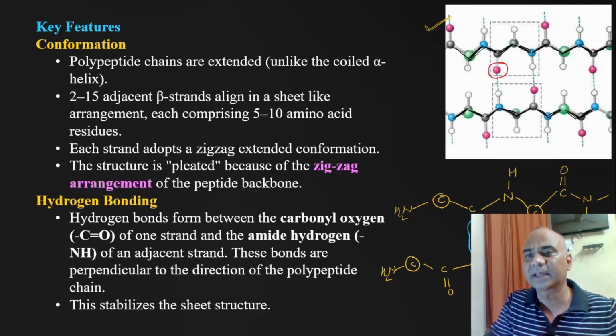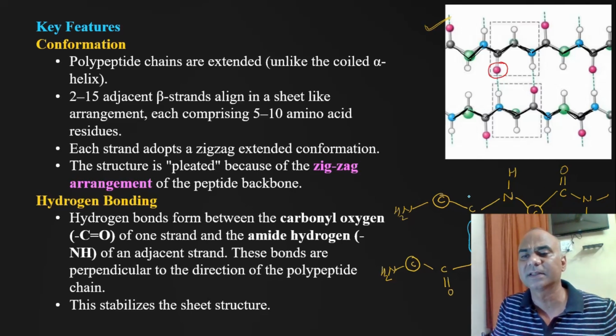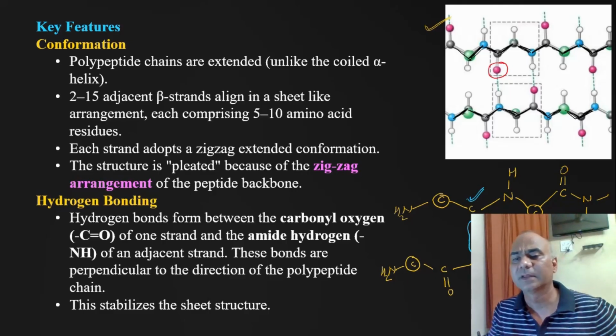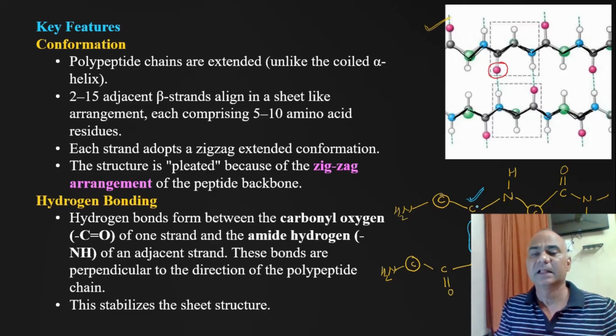So in such a manner, whenever two polypeptide chains are arranged parallelly in a zigzag manner, the carbonyl oxygen of one polypeptide chain and the amide hydrogen of another polypeptide chain make hydrogen bonds between these two polypeptide chains. And each polypeptide chain comprises 5 to 10 amino acids.